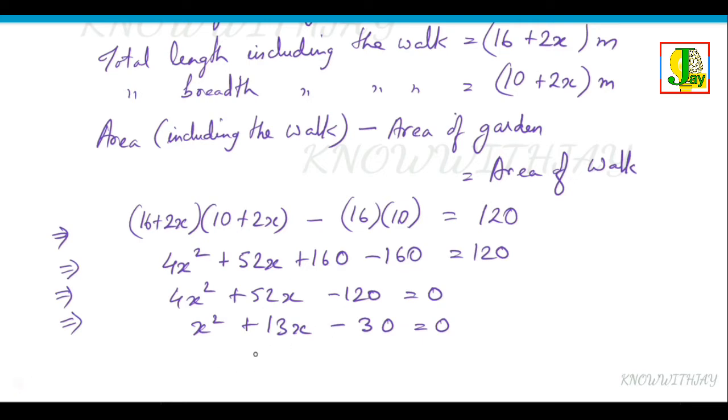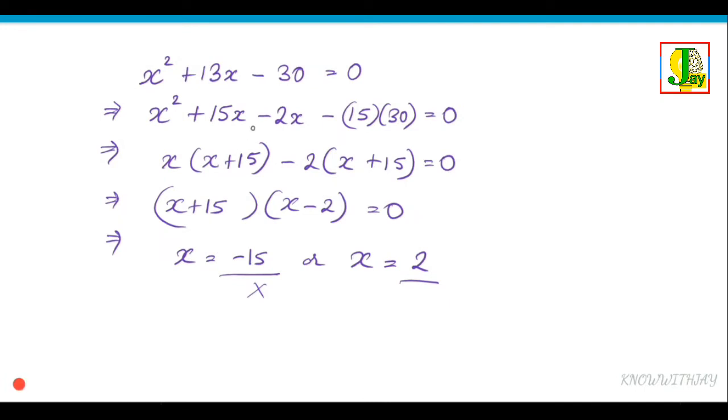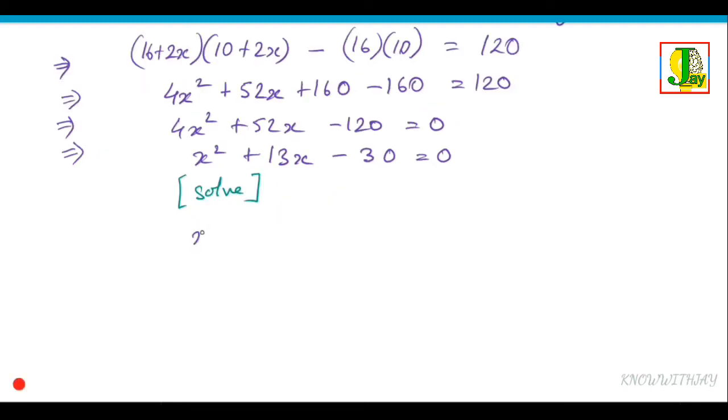Now you need to solve this quadratic equation to find the value of x. And this is how we solve it. After solving, we get x equals minus 15 and x equals 2. But x is what? It's the width and it cannot be a negative integer. So the width of the walk is 2 meters. Let us write it. x equals minus 15 or x equals 2.